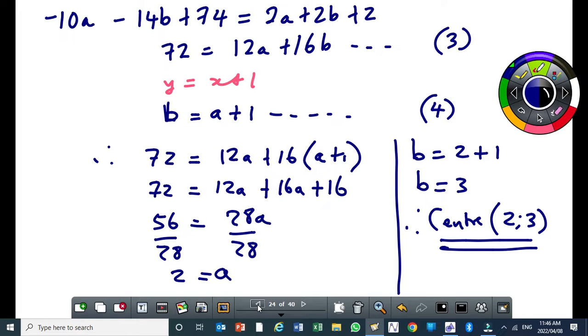The reason why we had to use this equation y equals x plus 1 is because the center of the circle is along the line y equals x plus 1. Therefore, the coordinates of the center can be substituted into this equation.